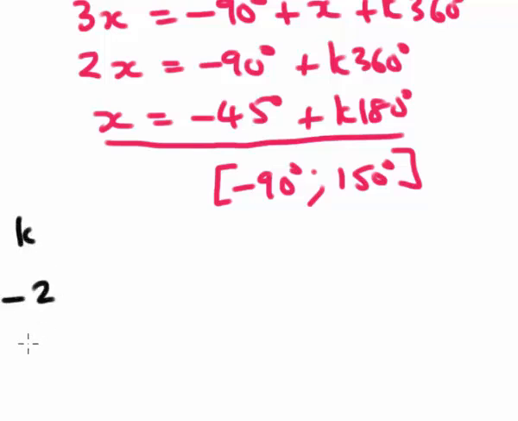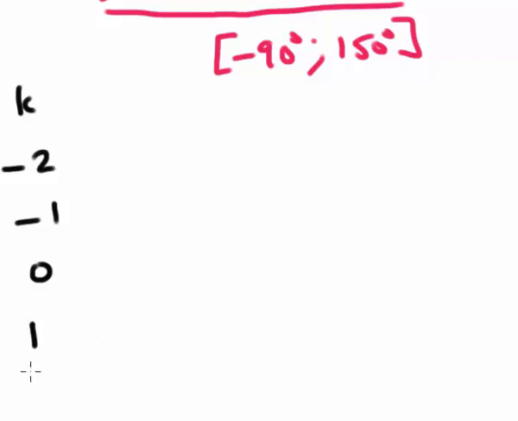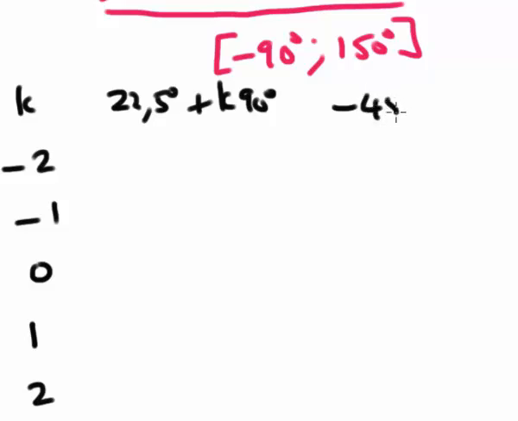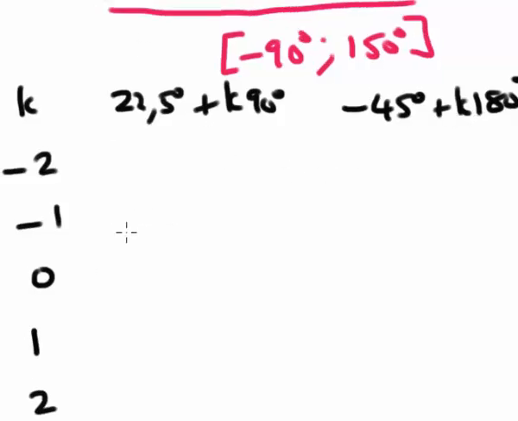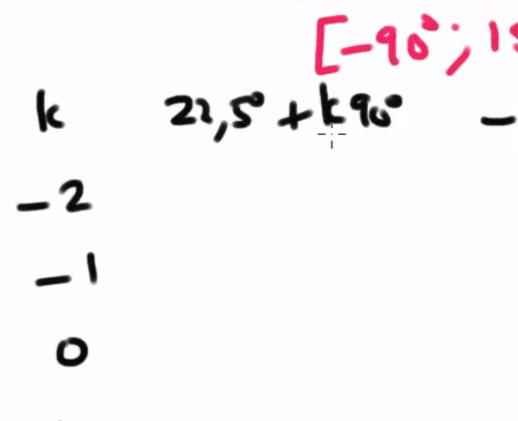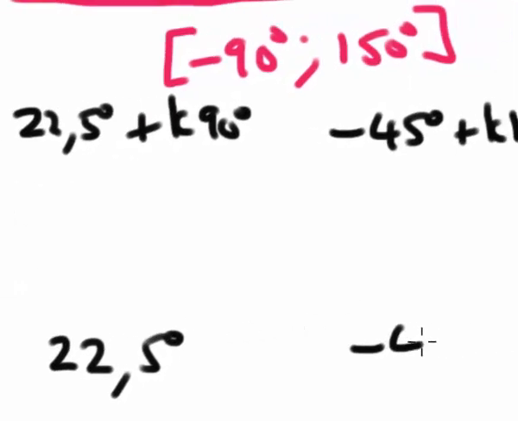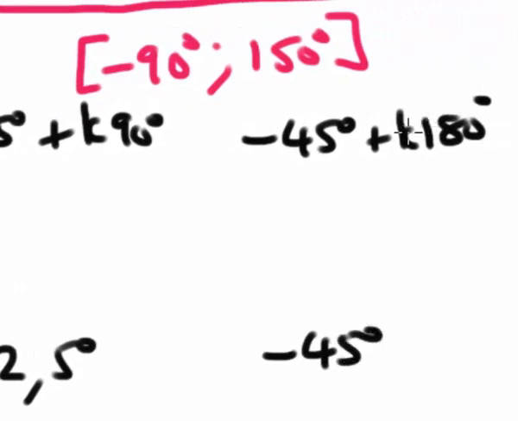If we pick negative 2, negative 1, 0, 1 and 2, and then my little general solutions, let's put them here: 22.5 plus k 90, that's that one, and then we've got the negative 45 plus k 180, and we plug in these k values. I start with 0, so 22.5 plus 0 times 90 is 22.5, and this one will be negative 45 if k is 0.